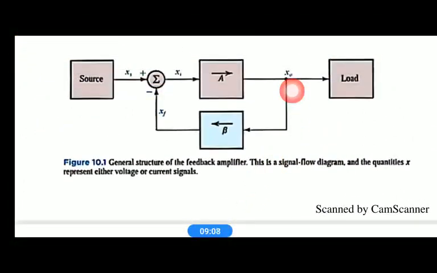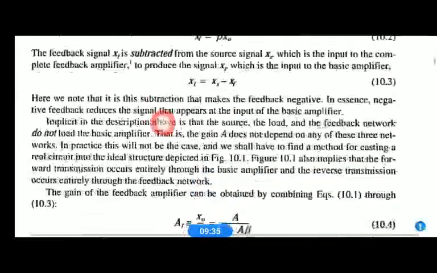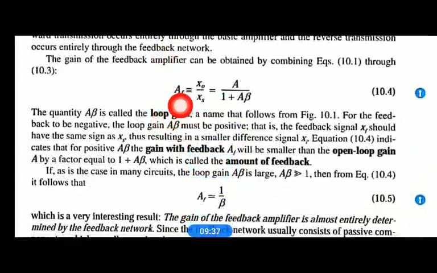Since we are discussing a voltage amplifier here, our output voltage is V0, so in place of X0 we replace V0, in place of Xi we replace Vi, in place of XS we replace Vs, and in place of XF we replace VF.